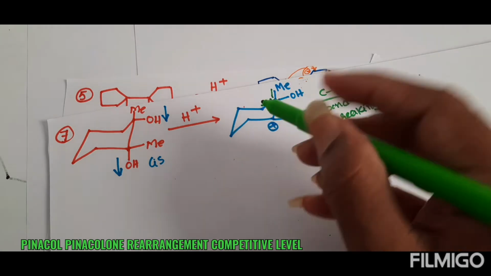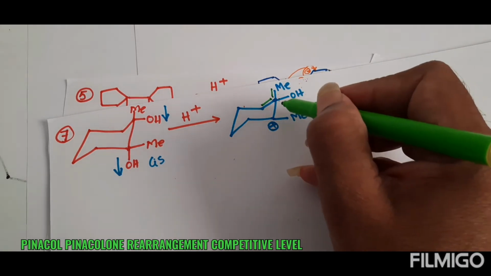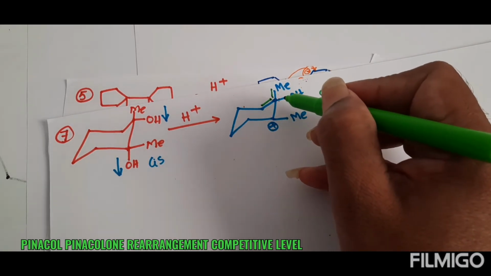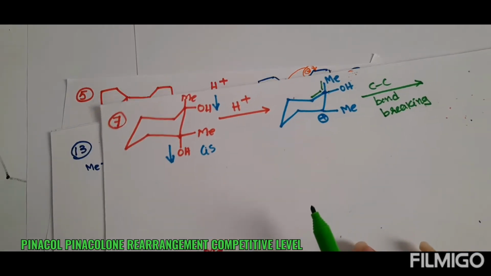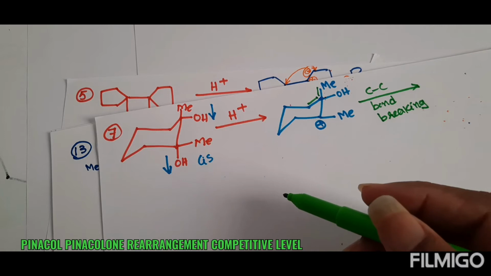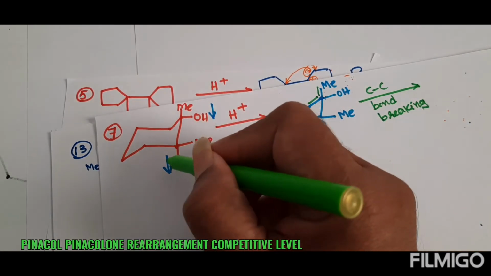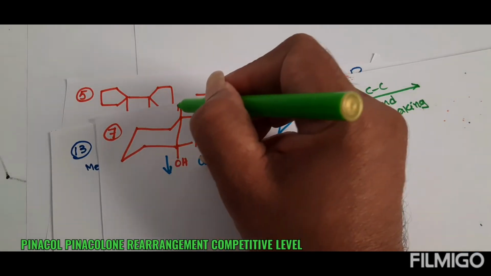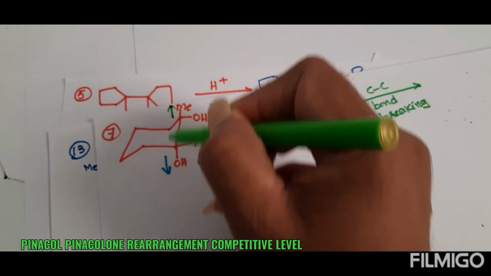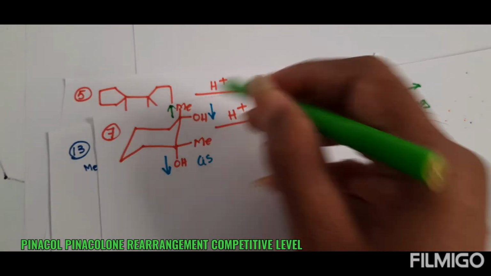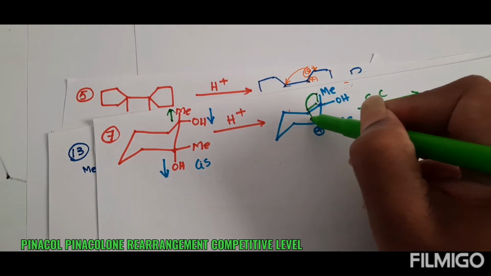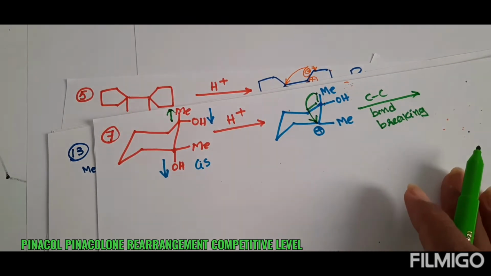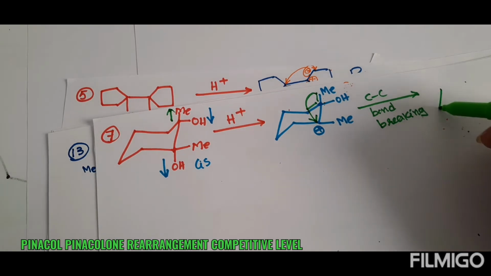But the condition here is that the group which is trans to the leaving group can undergo cleavage. Here this is the OH group. This methyl group is trans to this group, so it undergoes cleavage and attacks from the back side.